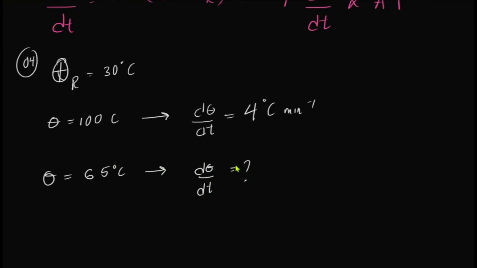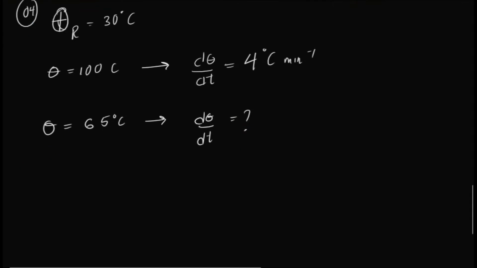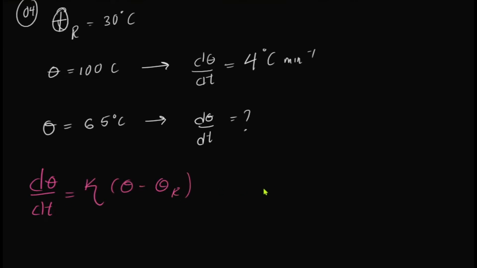For this, of course, we need to know the cooling rate equation. The cooling rate equation dθ/dt is equal to K(θ − θr). Here K is a constant, mc over KA, right? This is simply a constant. So let us apply this equation for the first instance.